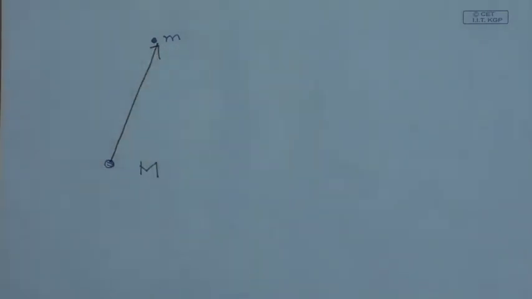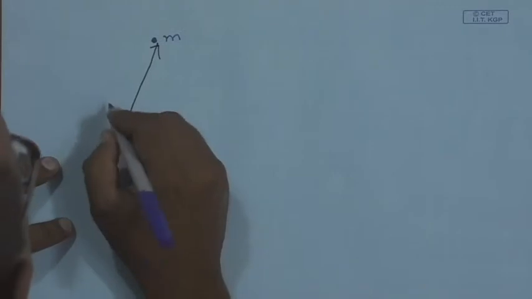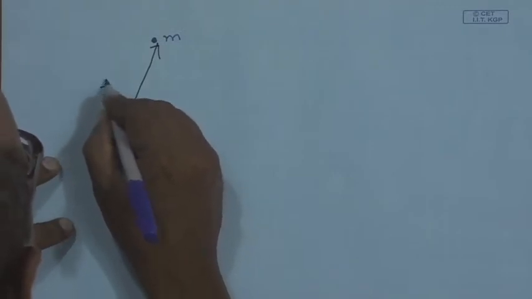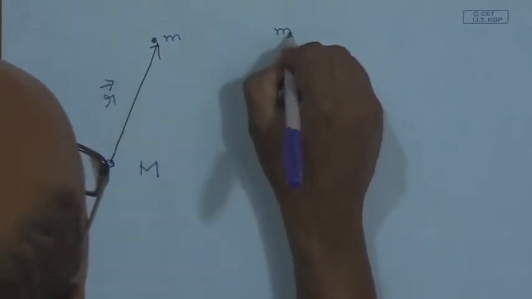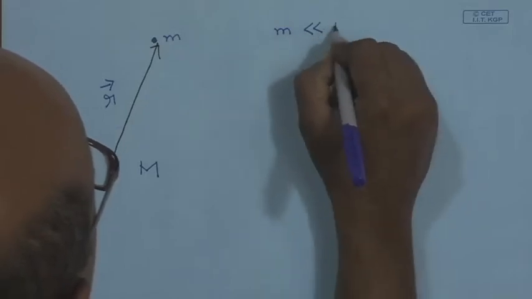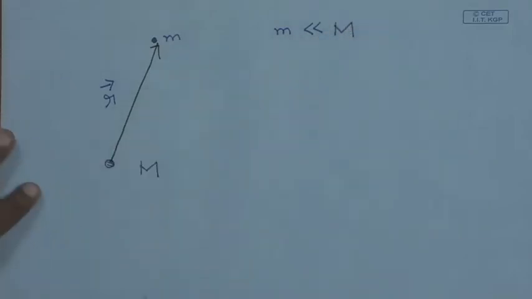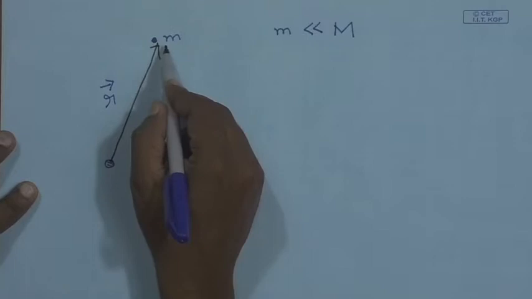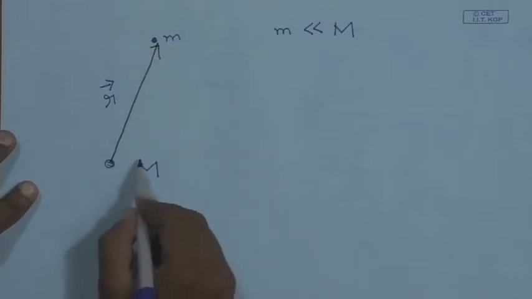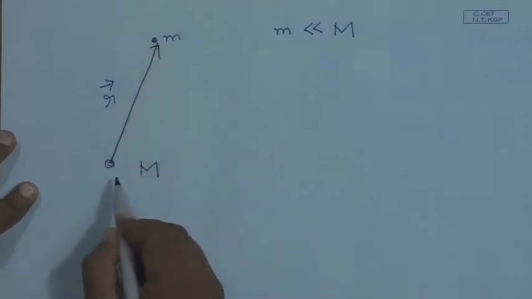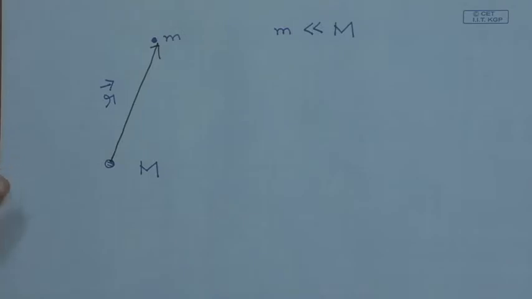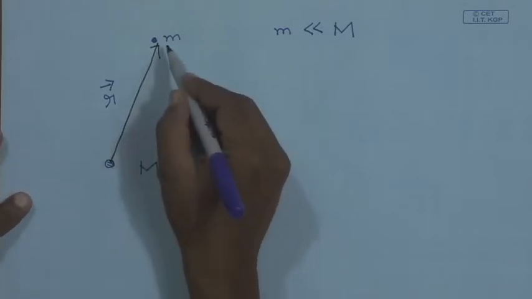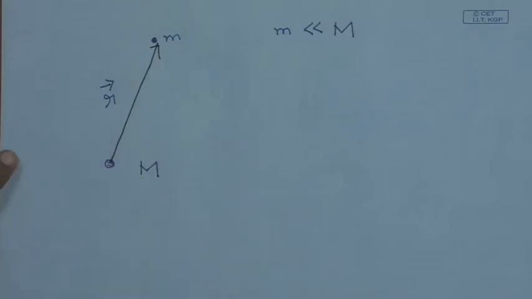So, this is the problem that we have discussed, and the test particle m is assumed to have a mass that is much smaller than the mass whose gravitational field we are interested in. And essentially we can ignore the gravitational effect of the test particle on this object.